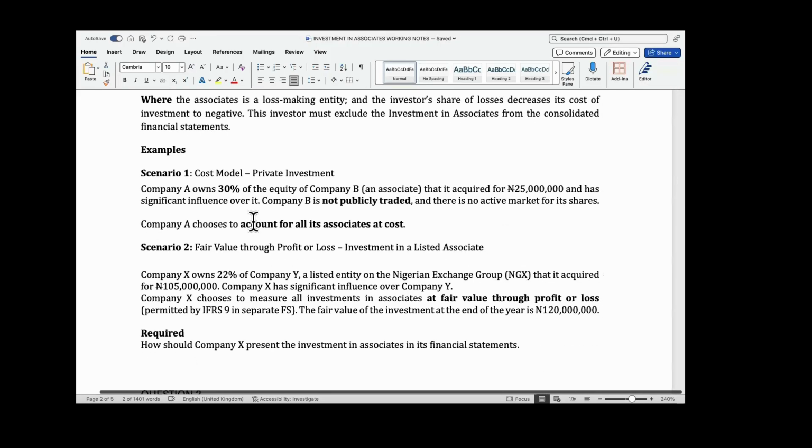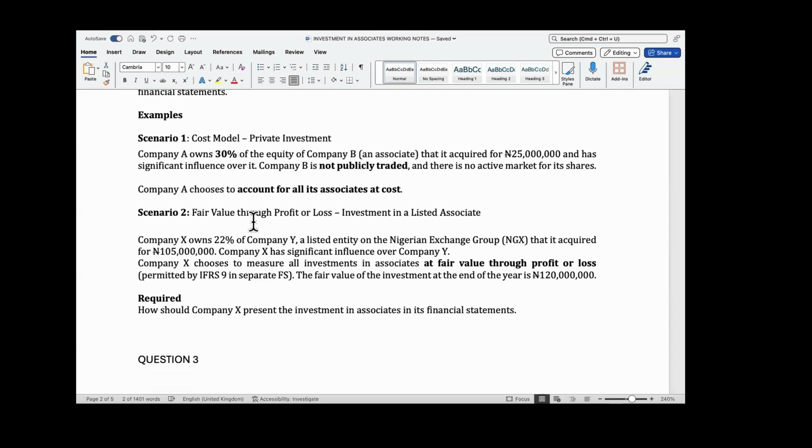Okay. Now, look at this scenario. It says company A owns 30% of the equity of company B, an associate, that it acquired for 25 million and has significant influence over it. Company B is not publicly traded and there is no active market for its shares. Company A chooses to account for all its associates at cost.